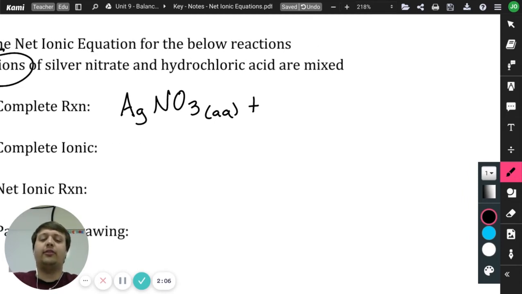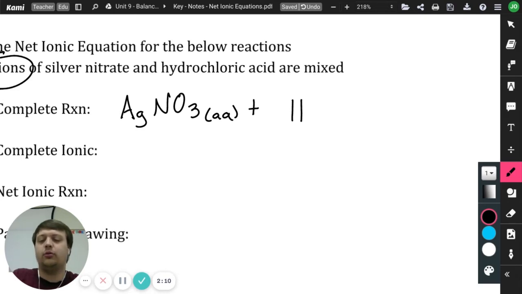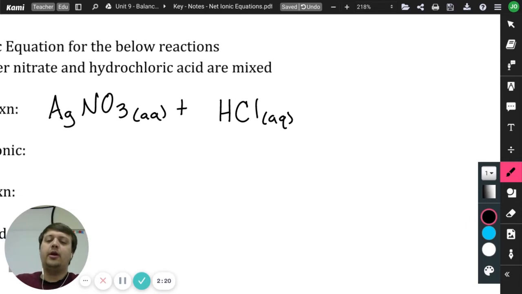Next, it says solutions of silver nitrate and hydrochloric acid. So hydrochloric acid is HCl. And they tell us it is a solution, so this is also going to be aqueous. And then they tell us they are mixed together. Well, this is a double replacement reaction.